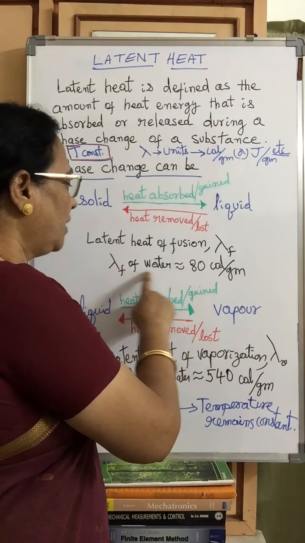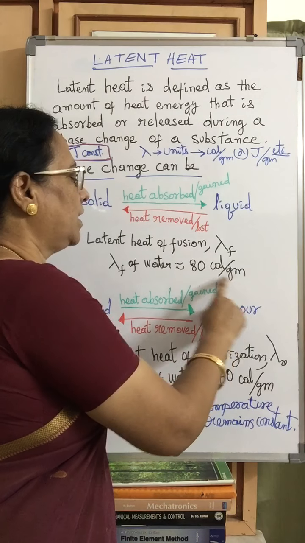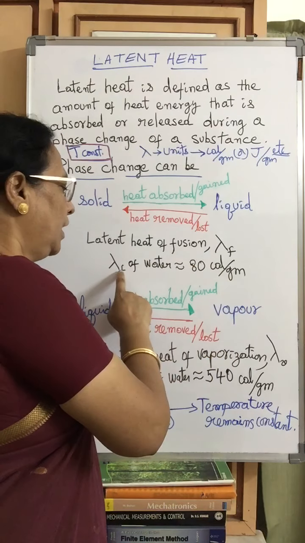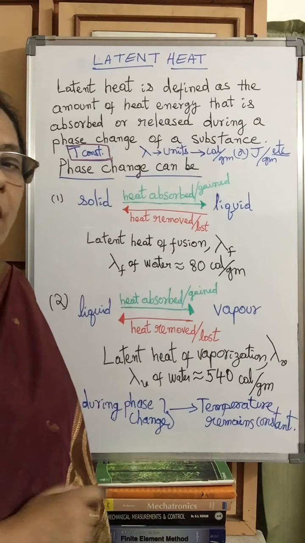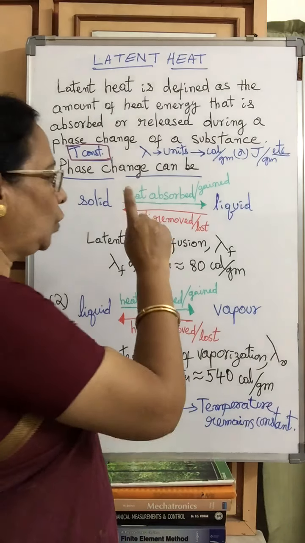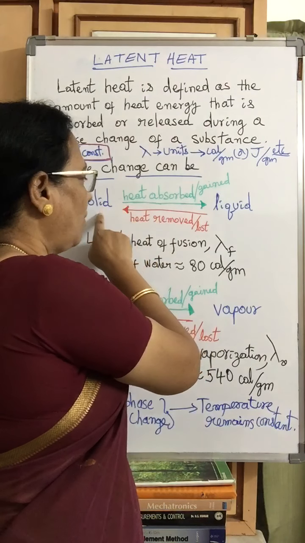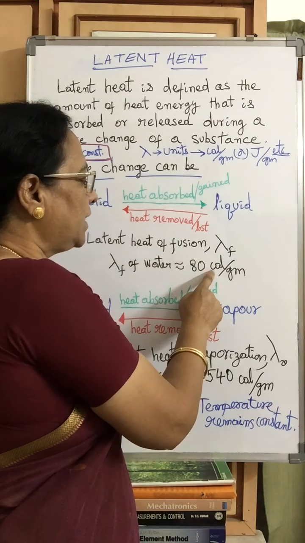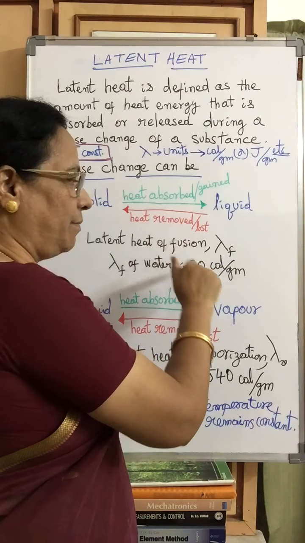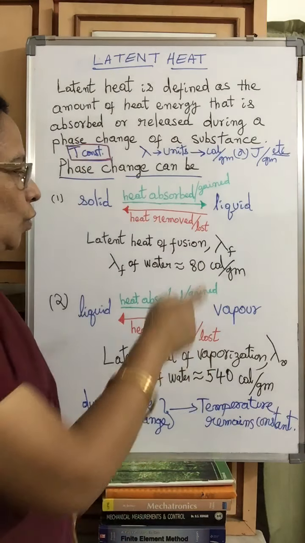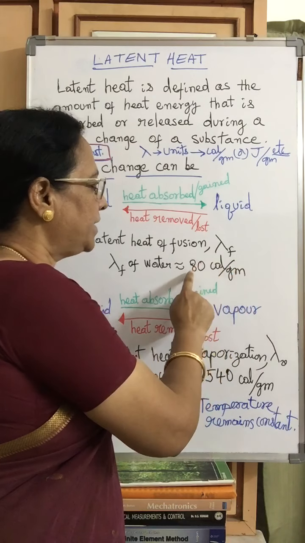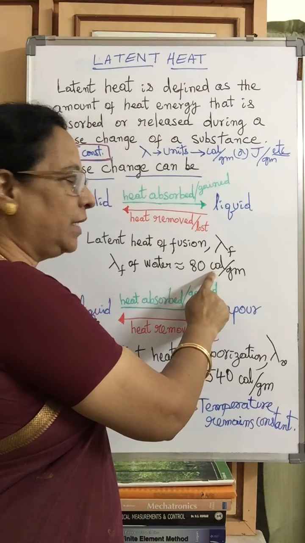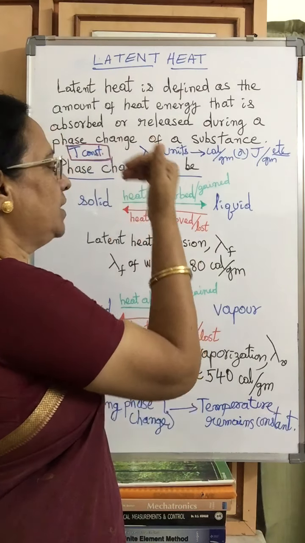So lambda F of water is 80 calories per gram. Latent heat of fusion of water is 80 calories per gram. What does it mean? To melt 1 gram of ice, 80 calories are to be supplied. Okay? To melt 1 gram of ice, 80 calories of heat is to be supplied.